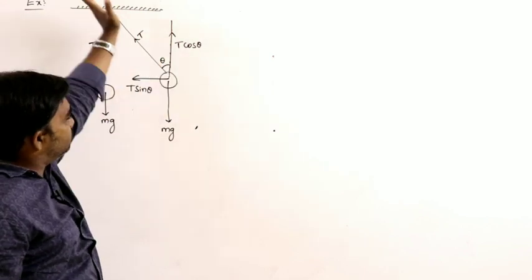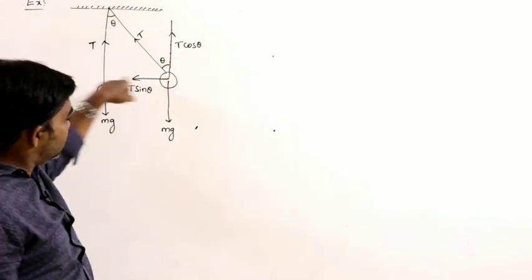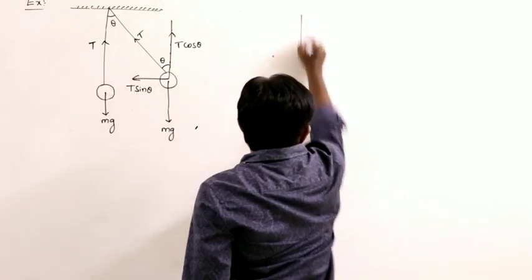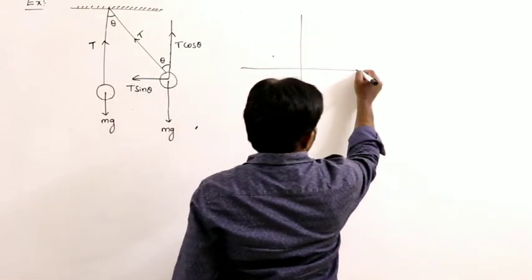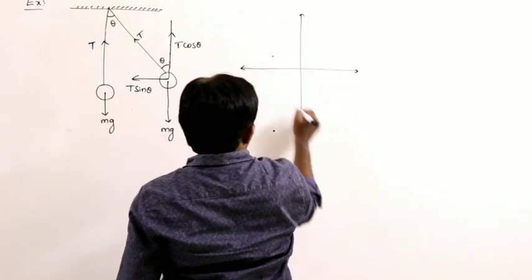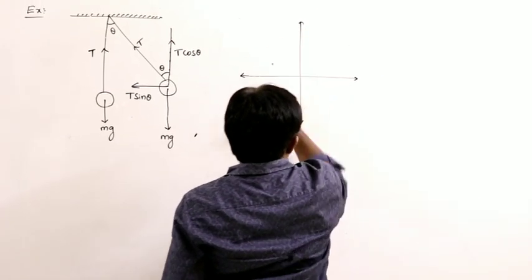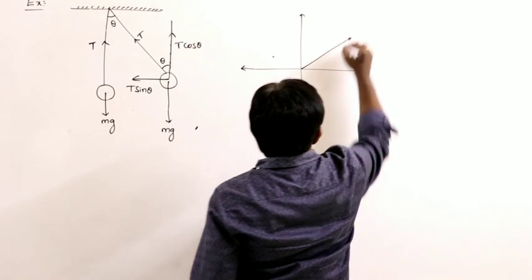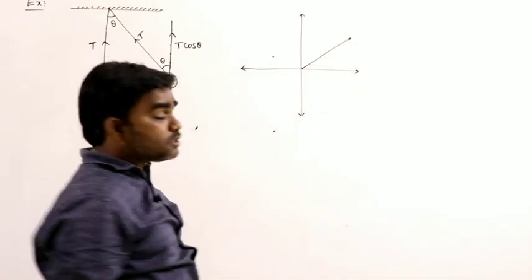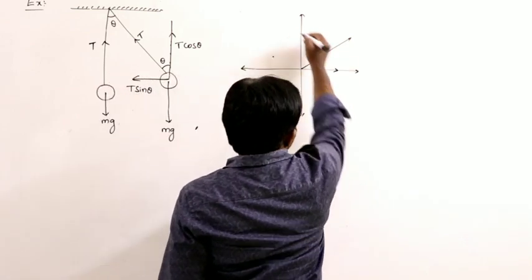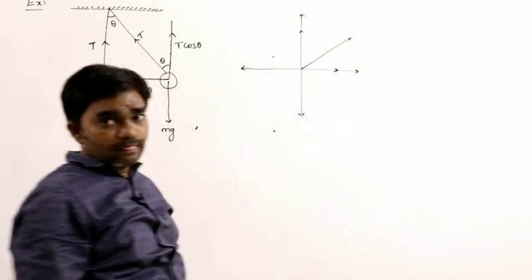This is the direction of the tensional force. Why is it only this direction? See here, these are the four quadrants: 1, 2, 3, 4. If the vector is in the first quadrant, the components must be along positive x and positive y.